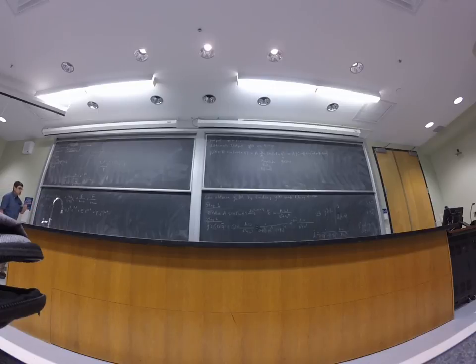So h of t minus d would be c11 e to the p1 (t minus d), and so on, cq t to the cq e to the pq (t minus d), plus e e to the I omega (t minus d), plus f e to the minus I omega (t minus d).